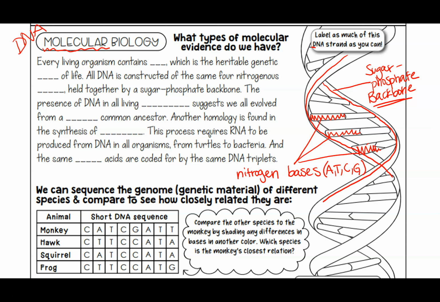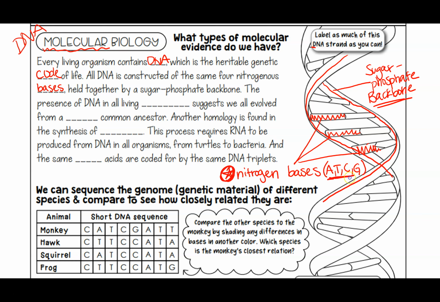Now that we've refreshed our memory on all of that, let's go over and fill in some blanks. Every living organism contains DNA, which is the heritable genetic code, the genetic code of life. All DNA is constructed of the same 4 nitrogenous bases. That's what we're talking about right here.